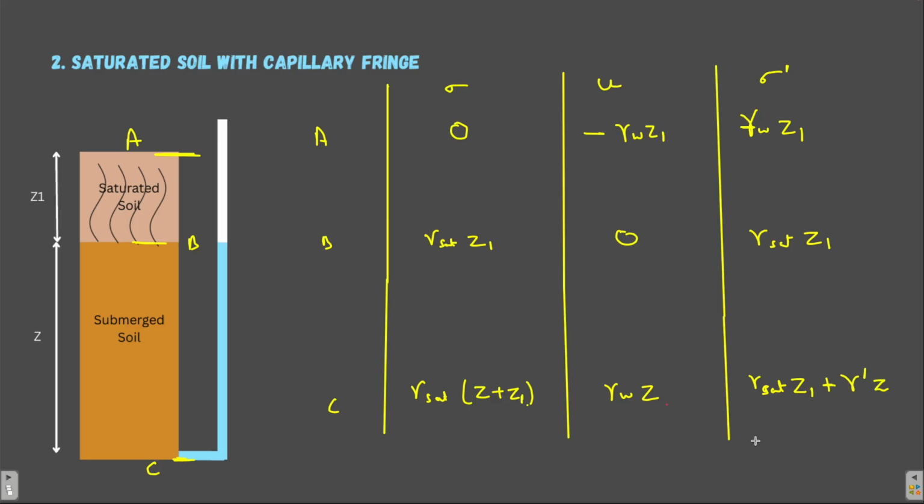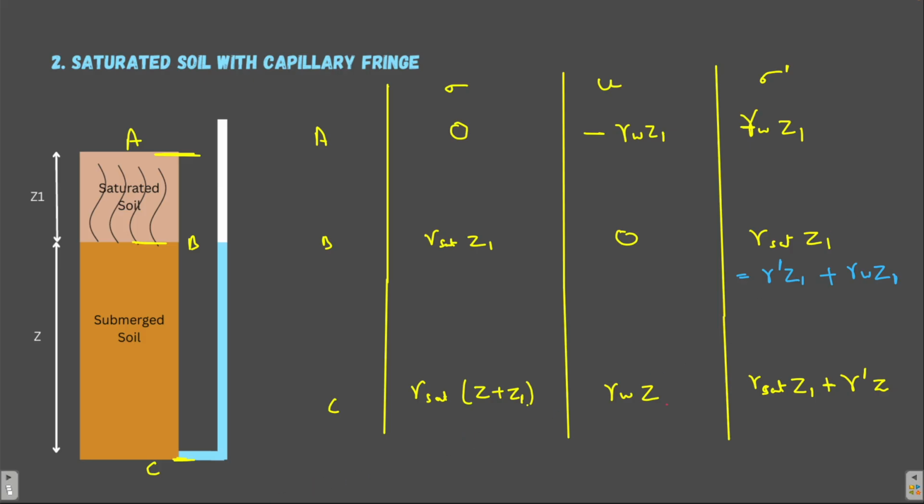Now I'm manipulating this somewhat. This term, gamma saturated into Z1, I'm writing as gamma submerged into Z1 plus gamma W into Z1. Can I do that? Yes, I can do that. Gamma submerged plus gamma W gives gamma saturated.